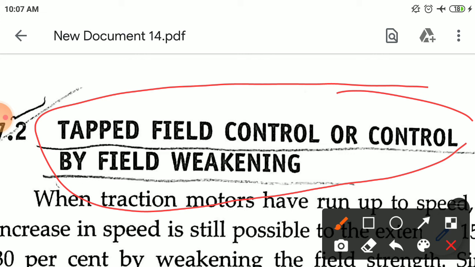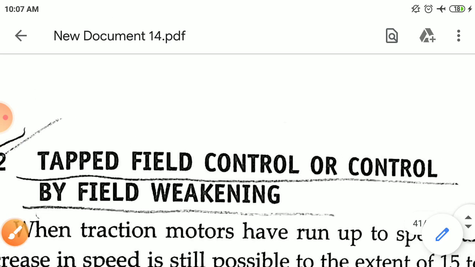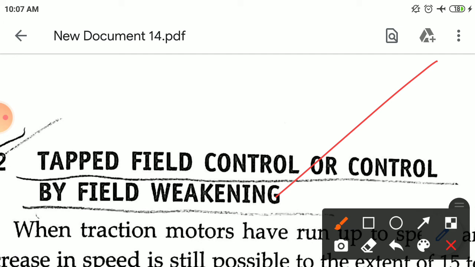The advantage of this field control is that it makes the equipment very flexible.